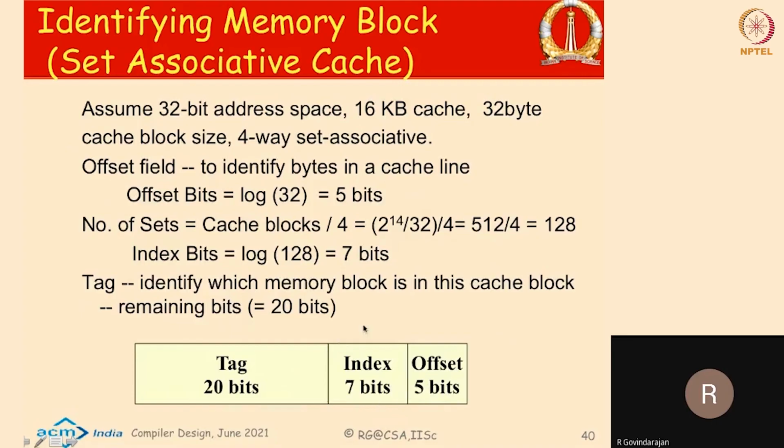The index part is used for accessing which set, or which block if it is a direct mapped cache, is going to have the data item. And the tag essentially tells you whether the block that we are talking about contains the memory block that we are interested in. So the address is divided into these three components.